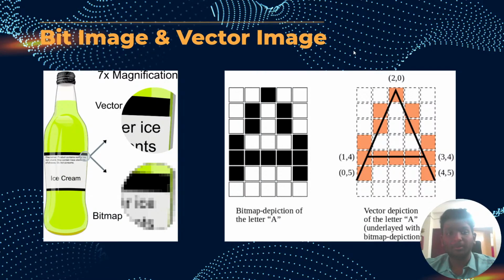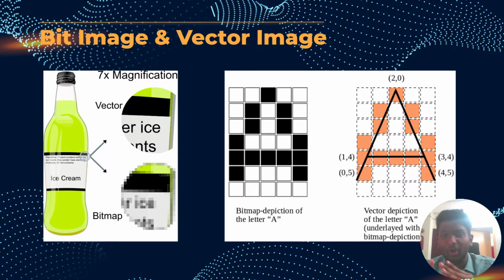So this is the visual difference between a bitmap image and a vector image. A bitmap image consists of small squares of different colors grouped together to form an image. They are also called pixels, as you know. So a bitmap is like an array of values to represent different colors in each box.